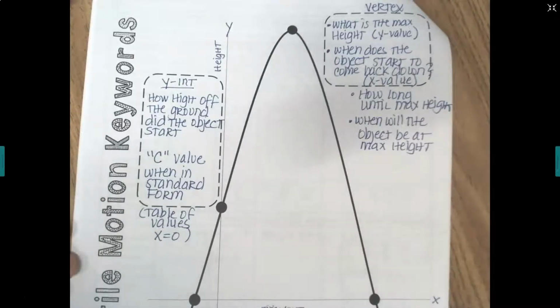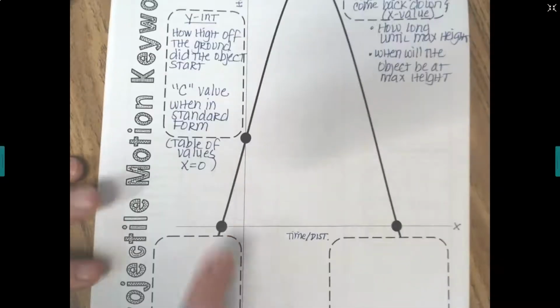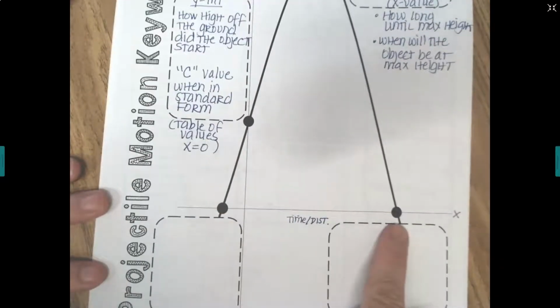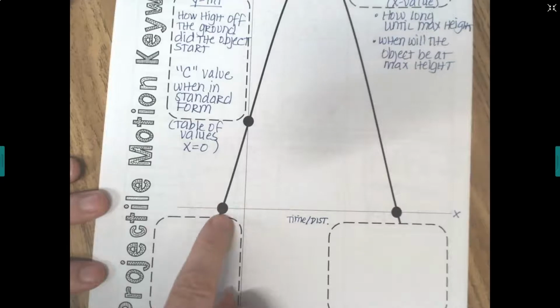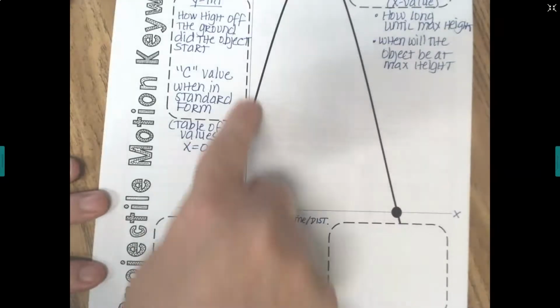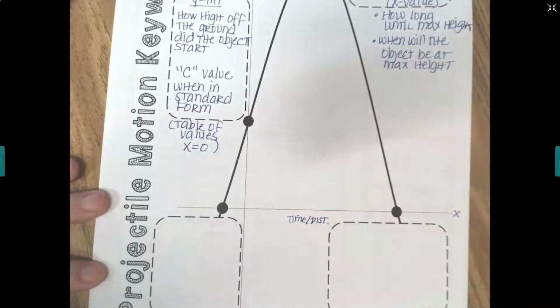Now, these next two points, they are both x-intercepts. But this x-intercept is not part of the real world. The real world is in the first quadrant.